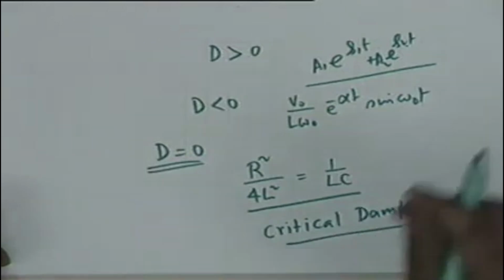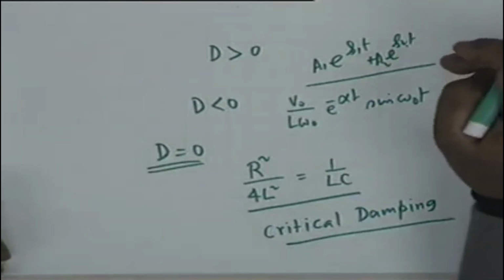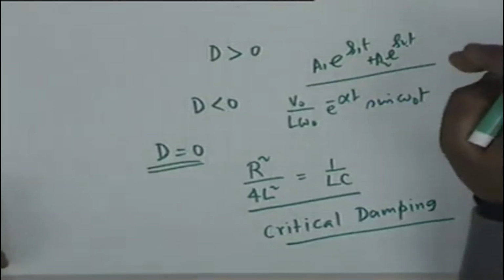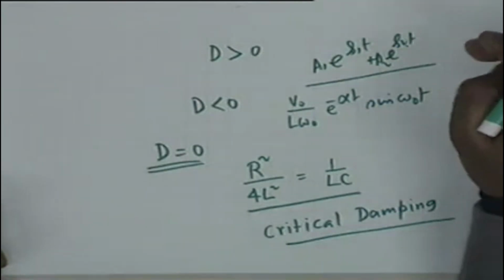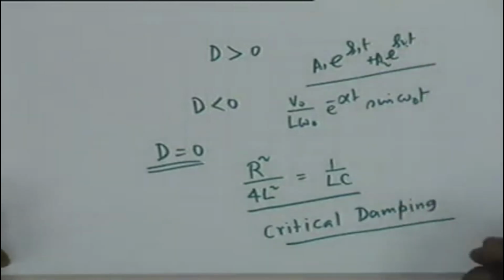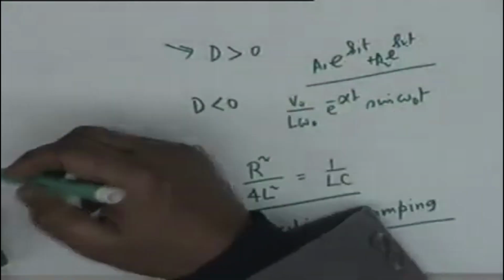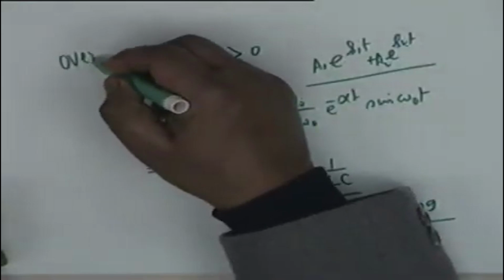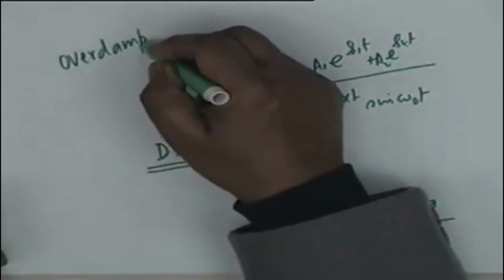Critical damping, that is, if the damping is slightly less, then there shall be what? There shall be oscillations. Alpha is the damping coefficient. If the damping is slightly more, there shall be no oscillations, and therefore this case D greater than 0 is called an overdamped case.